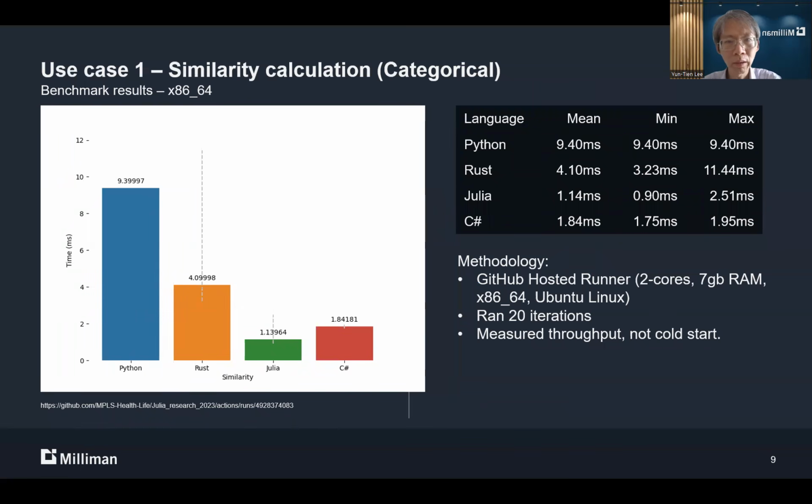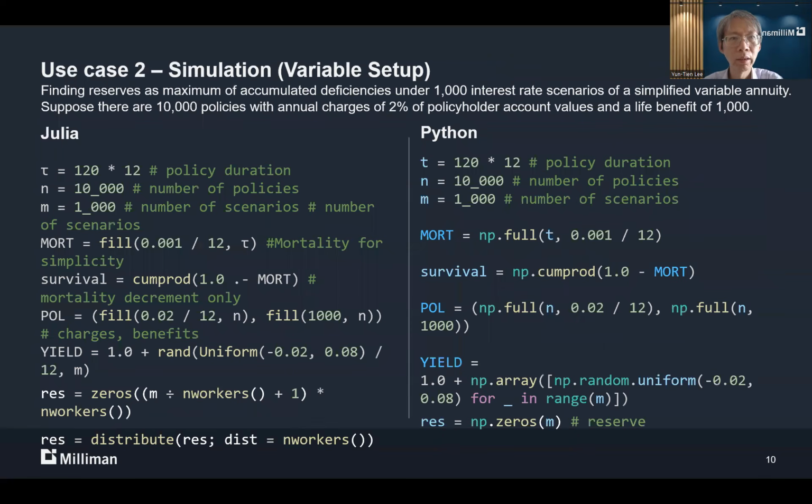So in this comparison, we use GitHub Actions, where we can run different languages on a standardized machine just to compare the efficiency of different code. In this graph, it is very straightforward to see that Julia outperforms other languages.